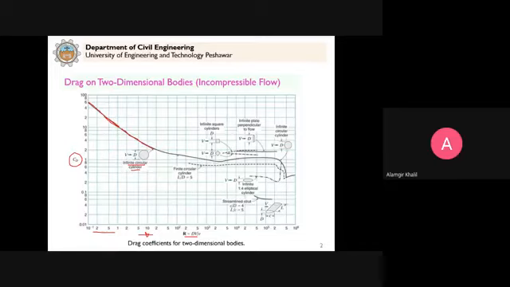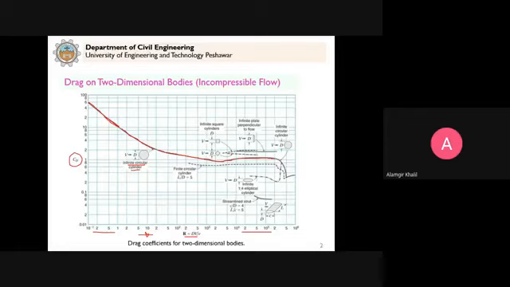After a certain Reynolds number, the curve becomes horizontal, meaning that for this range of Reynolds number the drag coefficient is almost constant.